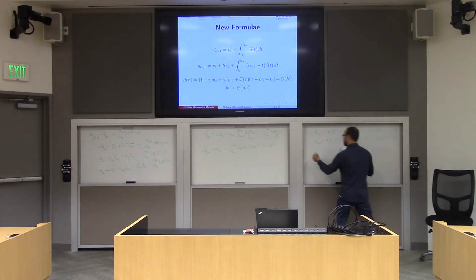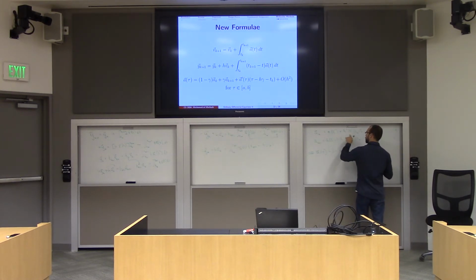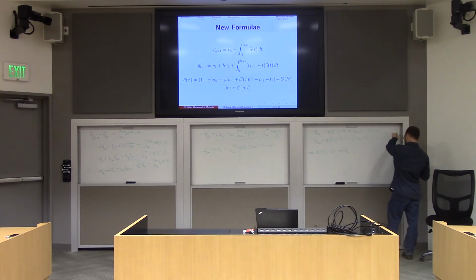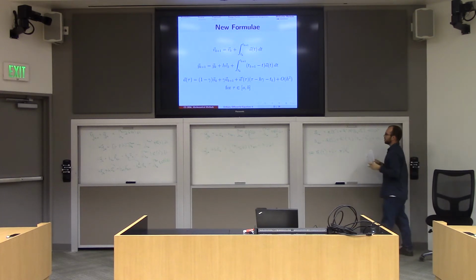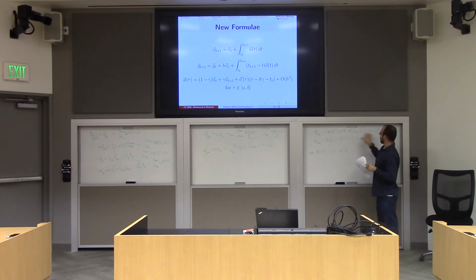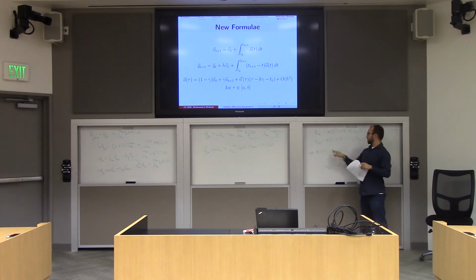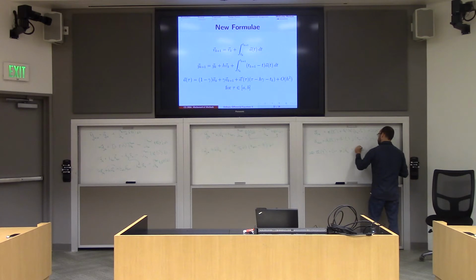So when I do that, I get a really funky expression for a of tau, which is equal to 1 minus gamma times a_k, because that comes from this one. Did I do this wrong? No, okay. Right, so we subtract off these two terms and put them on the left. In the end, I'll get 1 minus gamma times this, plus gamma times a_{k+1}.